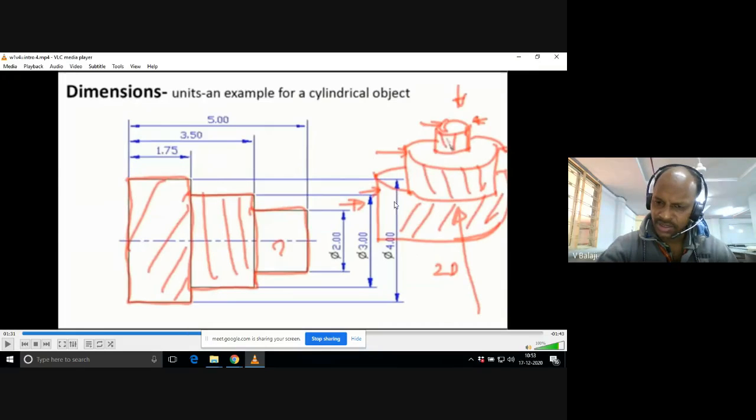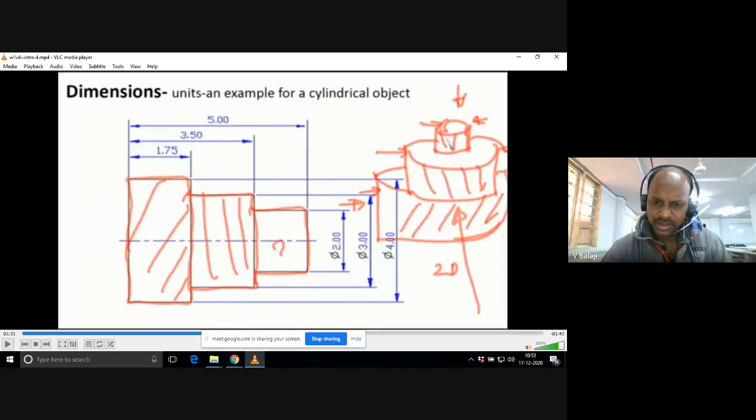Stepped diameters are there here. So it's a smaller diameter, middle diameter, and larger diameter, right? So while showing any value, if it is a diameter, you have to show the symbol like this. If there is no diameter, simple thickness or height, you can directly show like this: 1.75, 3.55, like this.